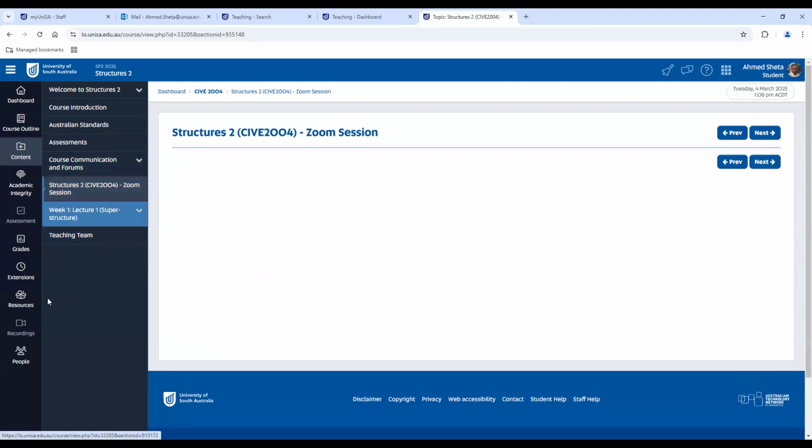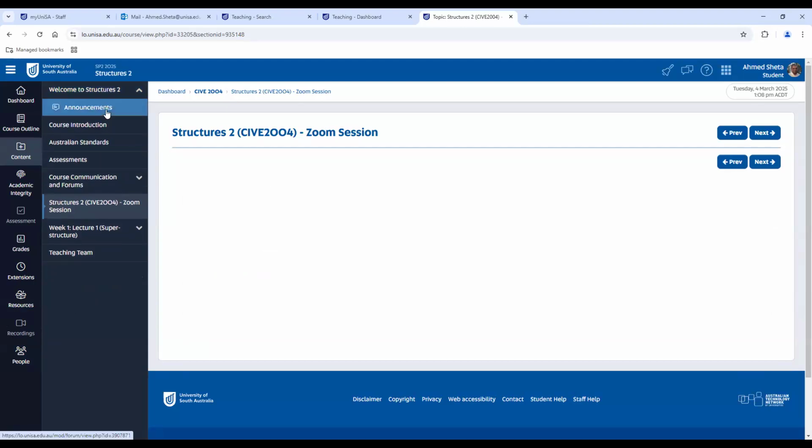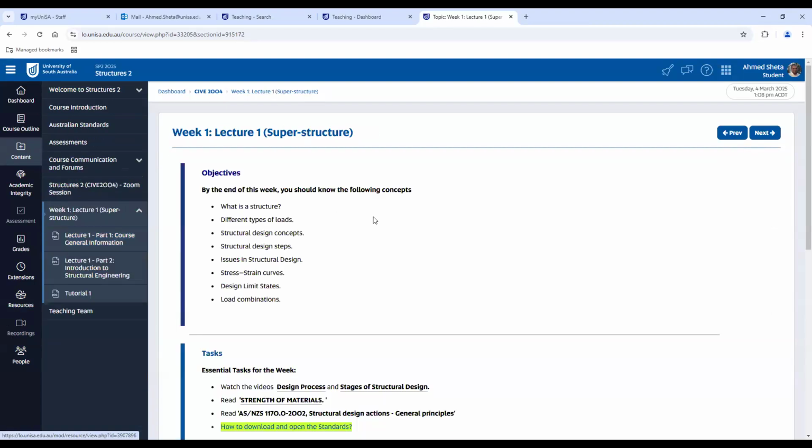The Zoom session recording will be transferred to the recording section, and I will also post it to the announcement section, so that if you didn't attend today, you can watch the recording later. And here is our first week of the course, the superstructure component part.